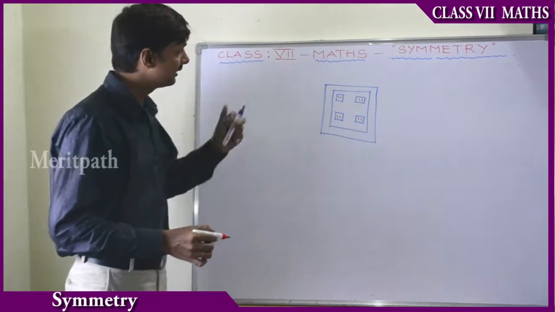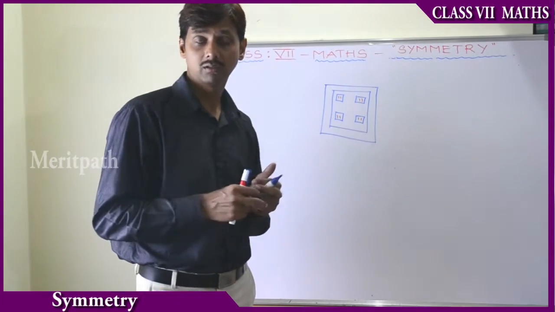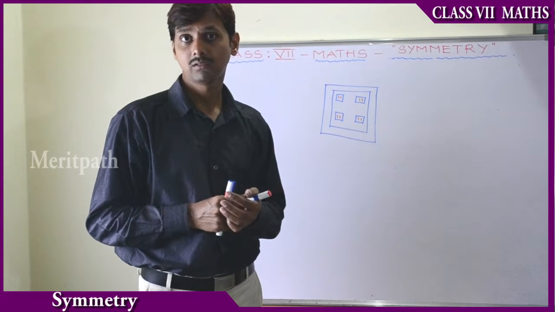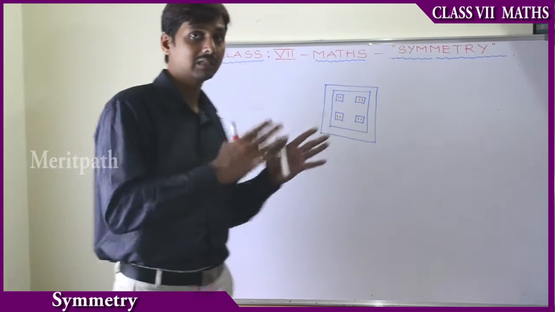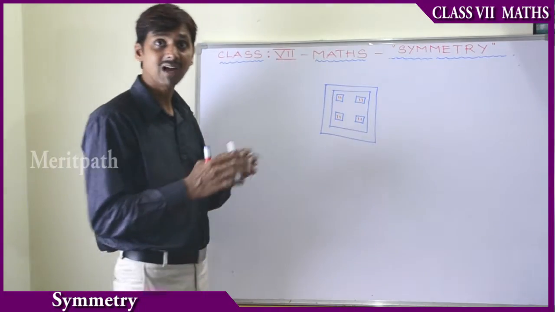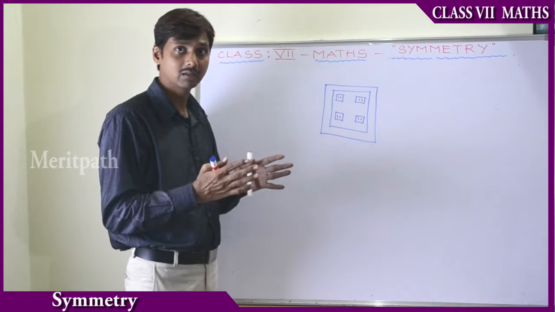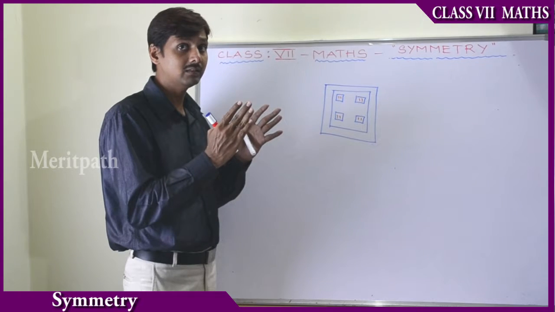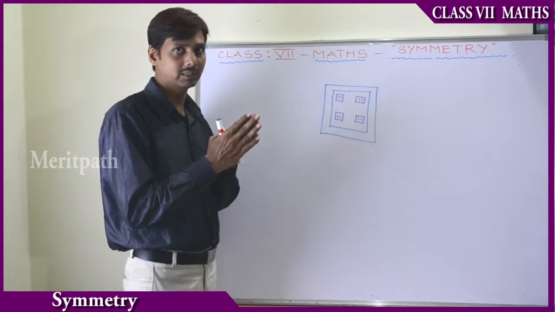So let's see here. If we take any figure and divide it into two equal parts, then we fold this figure along a line, and the two parts will coincide with each other.